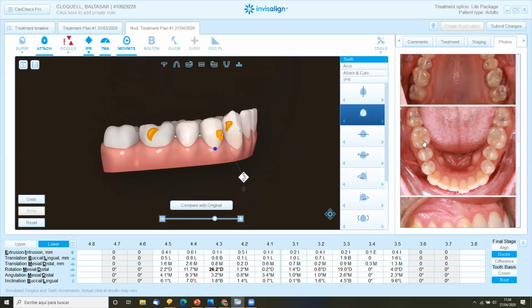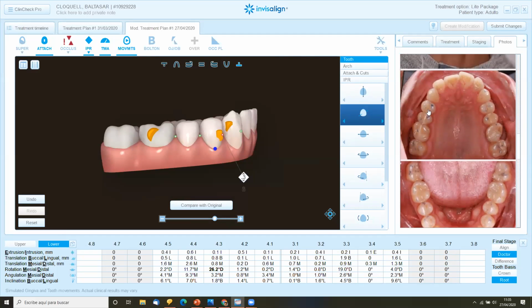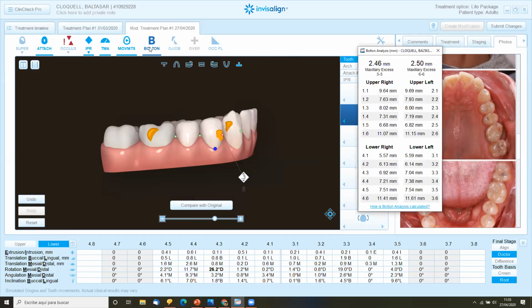Why? Because I'm looking at my picture and I see that I have enough enamel to do it. If I look at the upper one, maybe I cannot do that much IPR because the teeth look smaller. If I'm in doubt, I go to the Bolton tool and I check, okay?